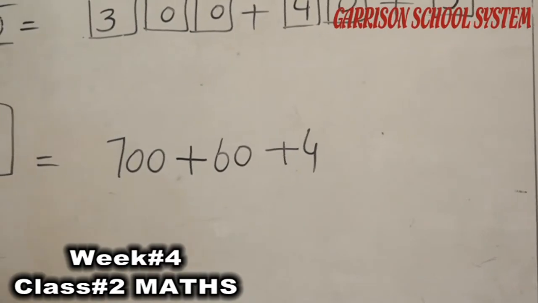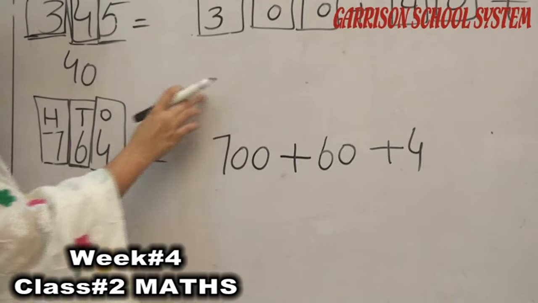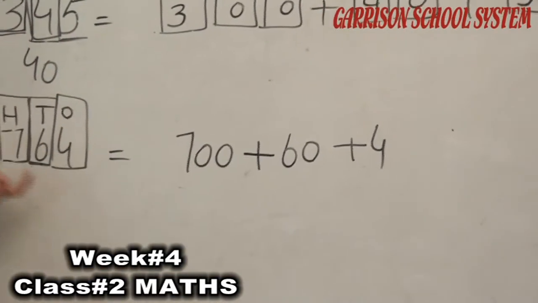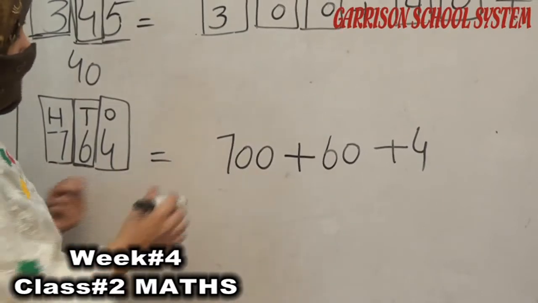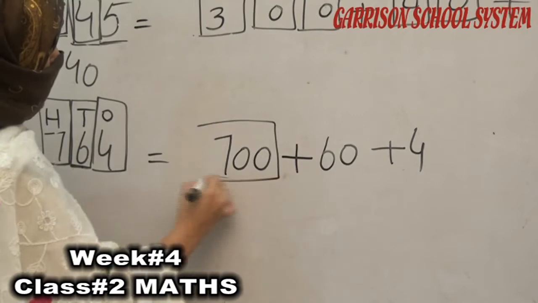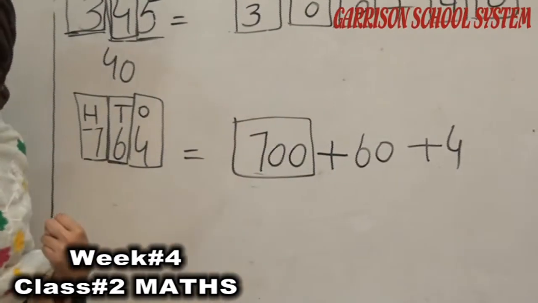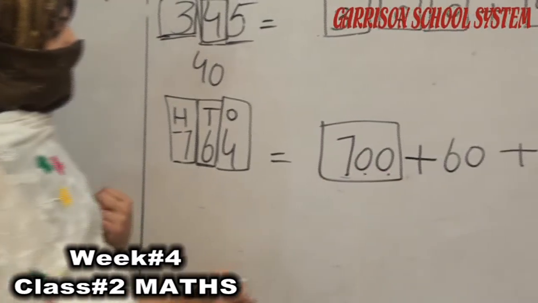Okay, students, understand? This is our expanded form. In expanded form, we have to write the number separately according to the place value, meaning 7's place value is 700, so we have to write complete 700.